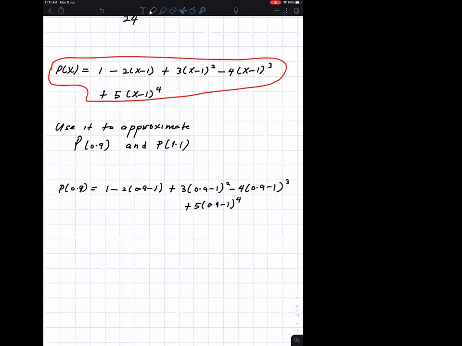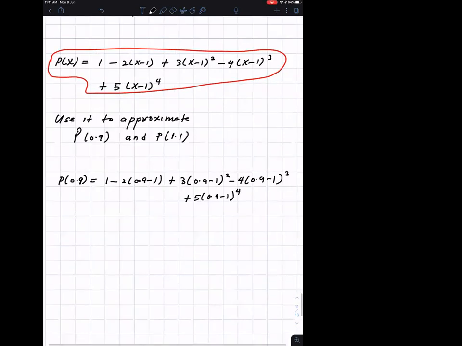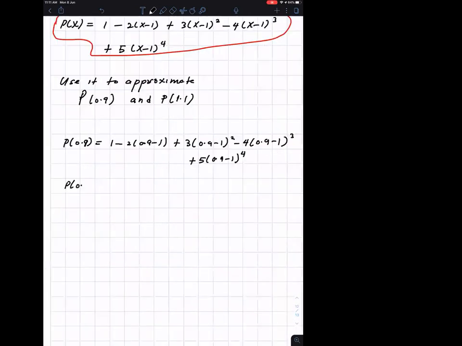So how much is that going to be? P(0.9) is 1 minus 2 times minus 0.1 plus 3 times minus 0.1 squared minus 4 times minus 0.1 cubed plus 5 times minus 0.1 to the power of 4.